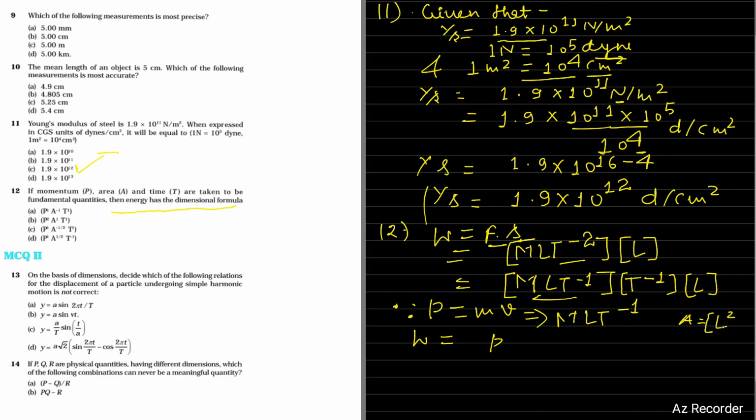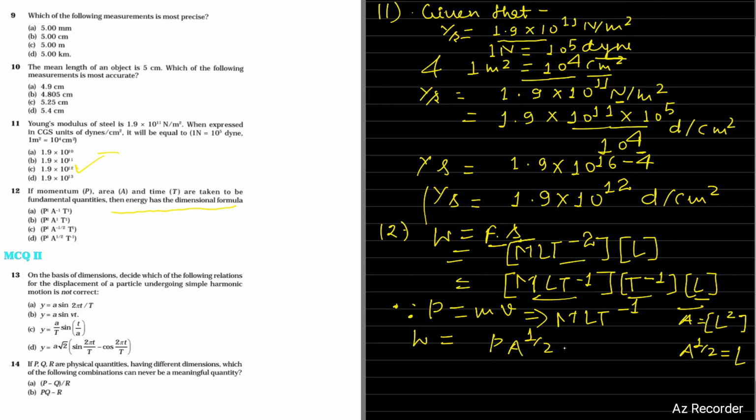So for L we can write A raised to power 1 by 2, if you divide the power by 2 on both sides. So this is A raised to power half, and this is T^-1.